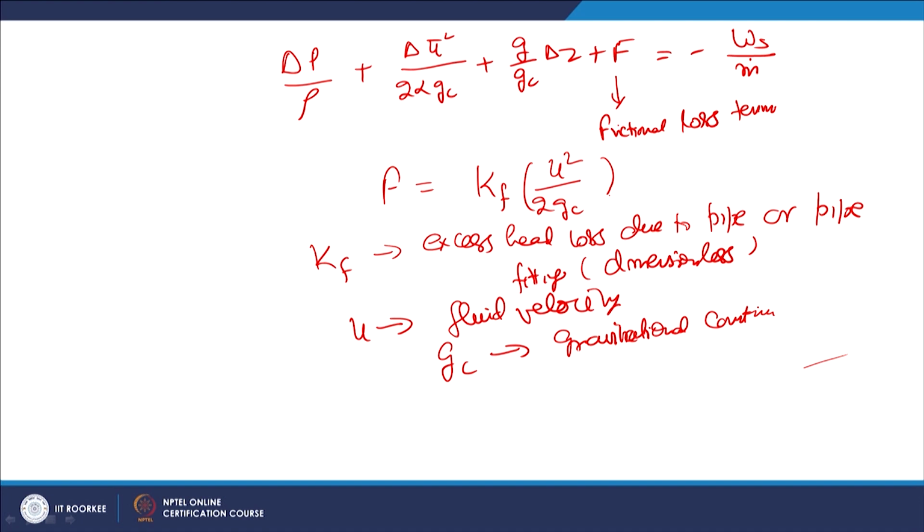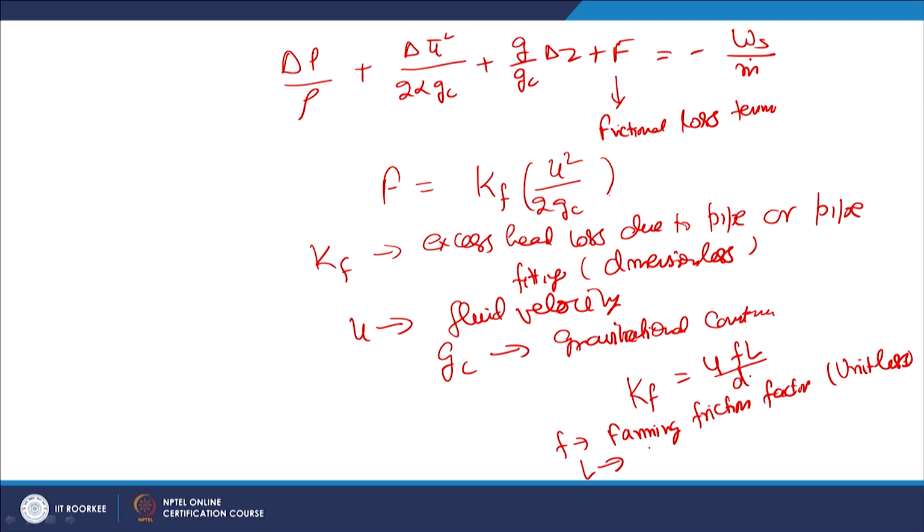So, excess head loss you can calculate through this particular equation, that is Kf is equal to 4 F L divided by D. F is the Fanning friction factor, which is of course unitless.